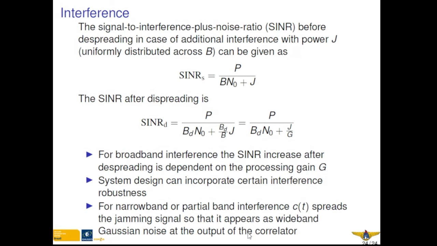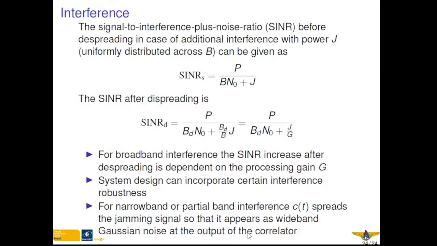But okay, this is also only up to certain levels. If the power increases and increases, this will harm us. But the processing gain introduces interference robustness, which is an important aspect of GNSS systems.